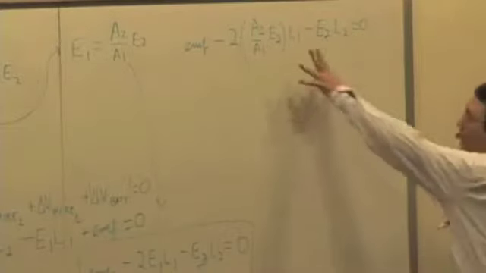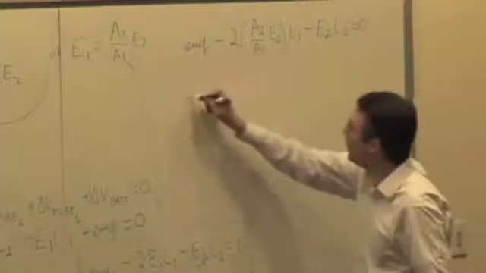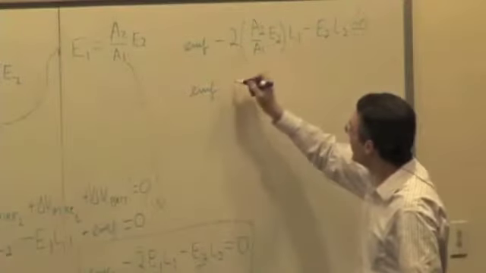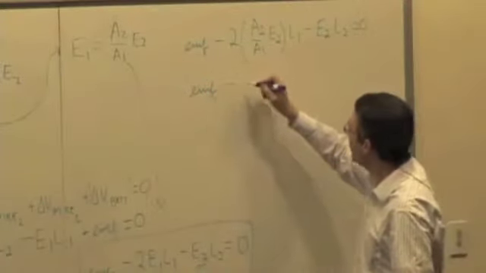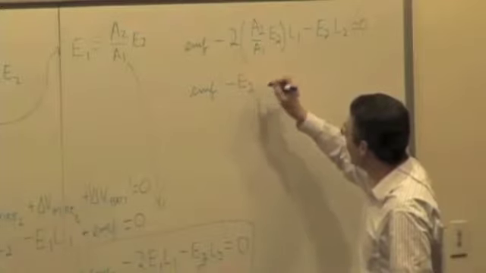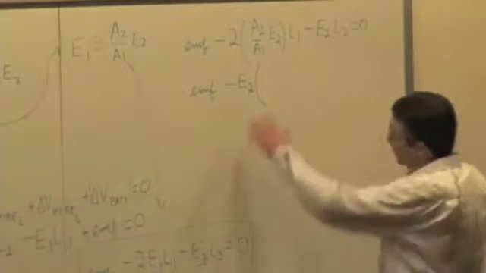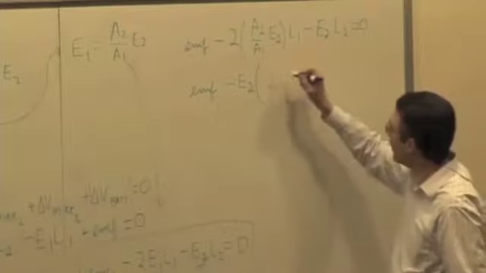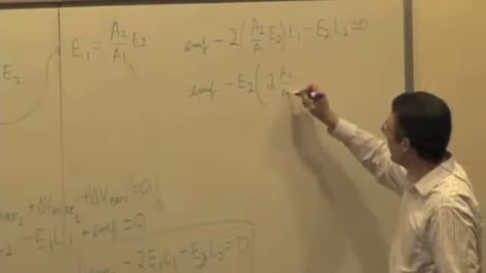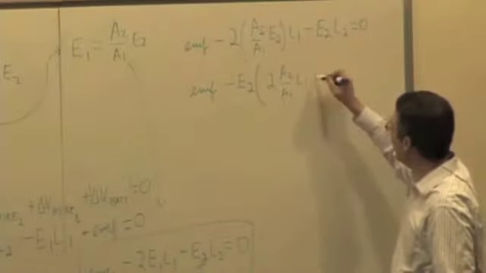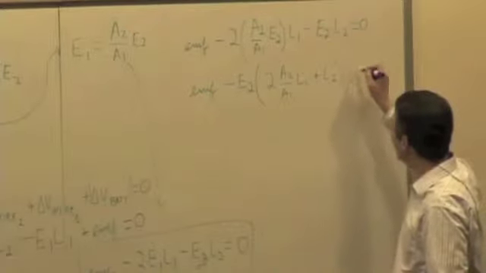I'm going to factor out E2 as the common term here, so I have a minus E2. Actually, factor out a negative sign as well, so I have 2A2 over A1 times L1 plus L2 equal to 0.